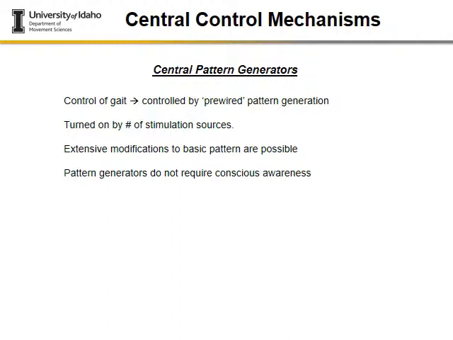The idea is this cat is able to manipulate this basic pattern based on the speed of the treadmill without consciously thinking about it. Therefore, there's something going on at the spinal cord level. It doesn't require a conscious awareness of that ability to manipulate their gait speed and the timing and repetition of the flexion extension.